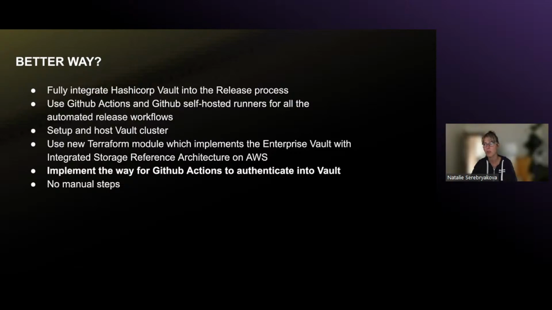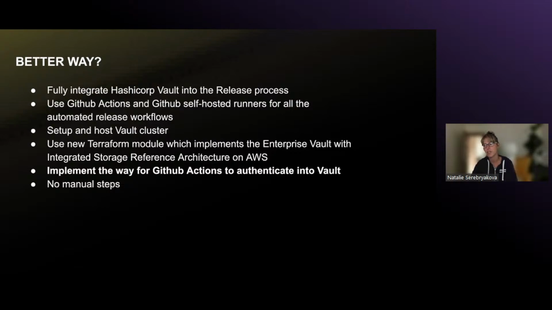Setting up a Vault cluster and managing the actual Vault for release processes seems like a good goal. For that, we're going to use a Terraform module, which is going to be released in the future, for enterprise Vault with integrated storage, which is recommended by practitioners.